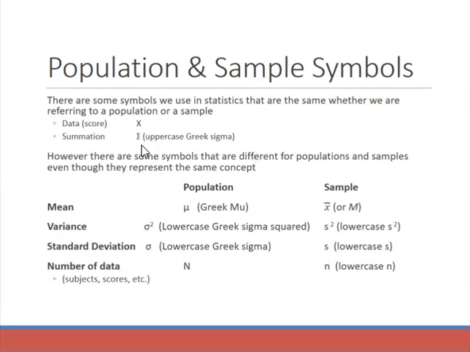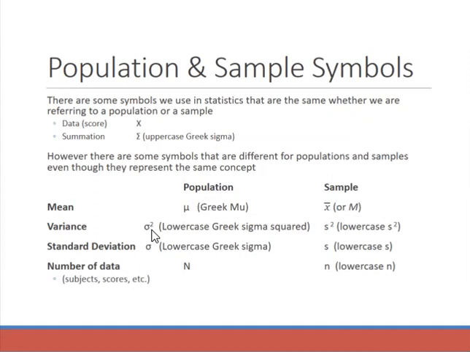But there are some symbols that are different for populations and samples, even though they represent the same concept. For the mean, mu, the Greek letter mu, is for the mean of the population. For the sample, you'll see the sample mean represented as X bar or as an uppercase M. Either one can indicate a sample mean. Mu is always a population mean.